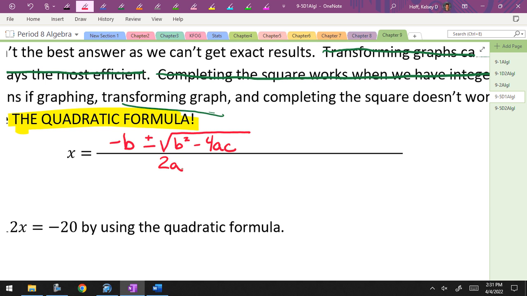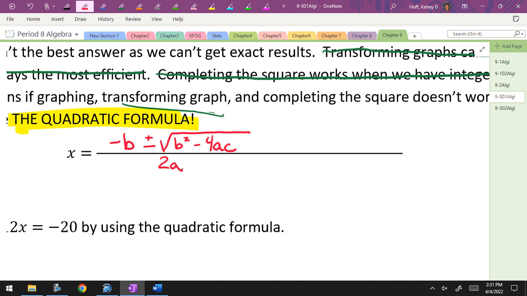And if you don't sing it, you'll sing it by yourself. Okay? All right. Everybody. Here we go. Ready? X equals negative b plus or minus the square root b squared minus 4ac all over 2a.